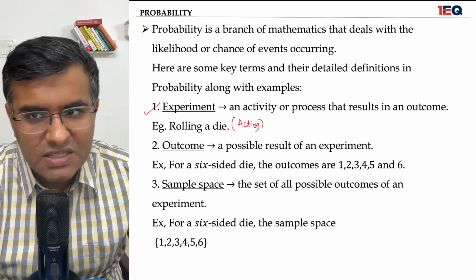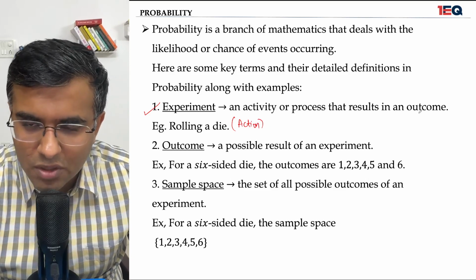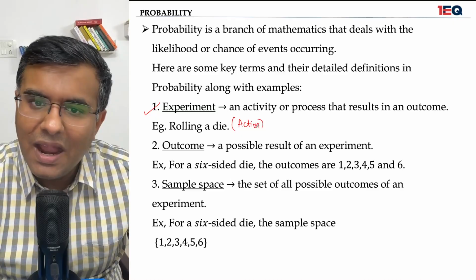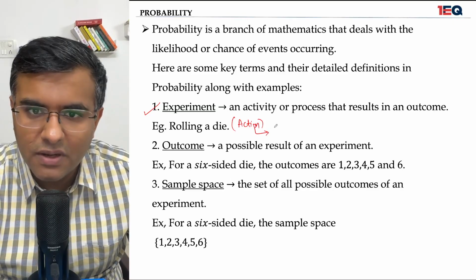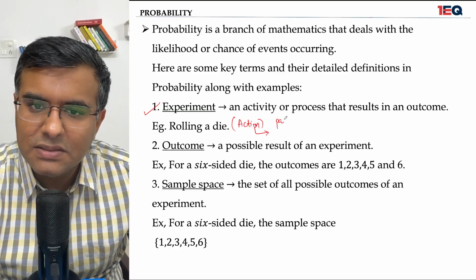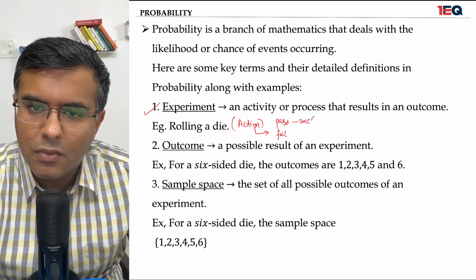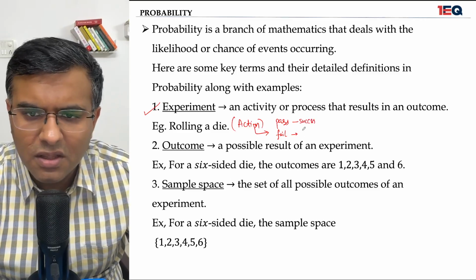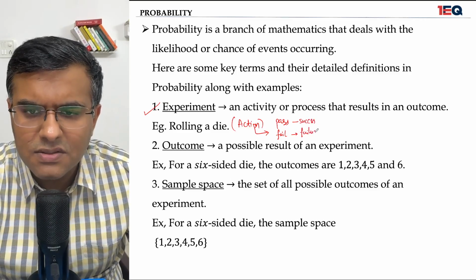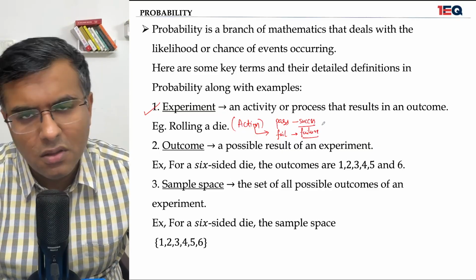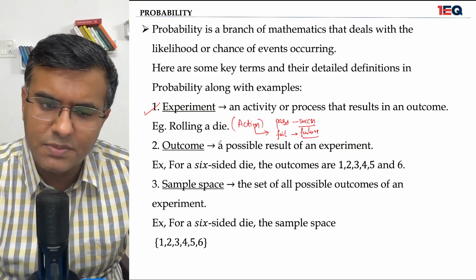An experiment is an action, an activity or a process that results in an outcome, and that action is definitely going to give an outcome, be it pass or be it fail. The pass can be success and the failure can be failure. There is no shying away from it. You are ready to accept both the outcomes.